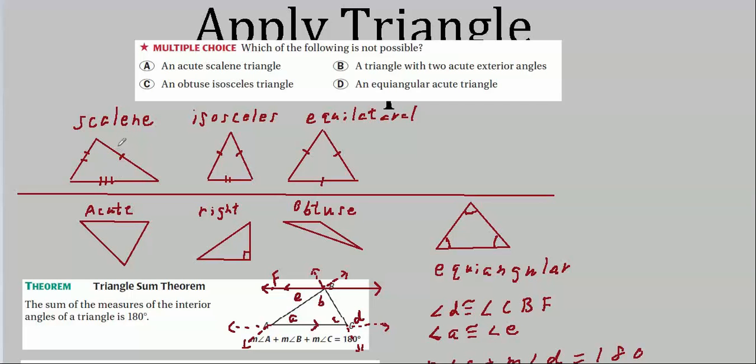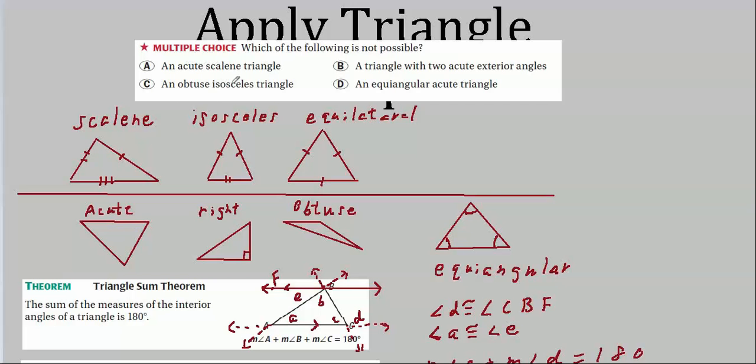So does the fact that all the angles are less than 90 degrees imply that these sides have to be congruent somewhere along the line? No, it doesn't mean anything. So it's totally possible for a scalene triangle to be acute. In fact, lots of them probably are.